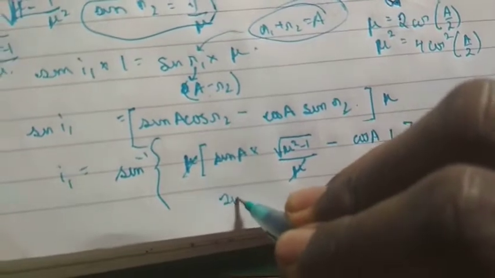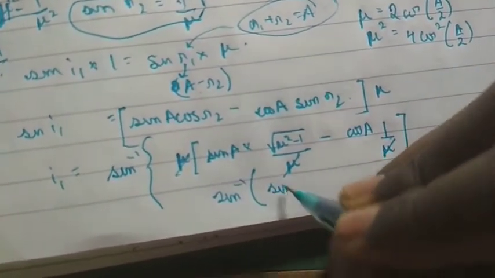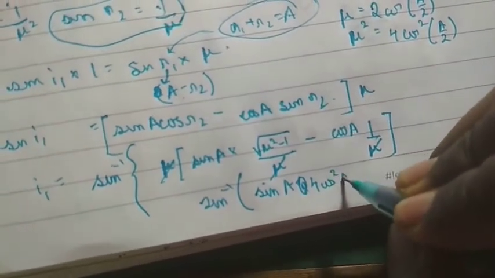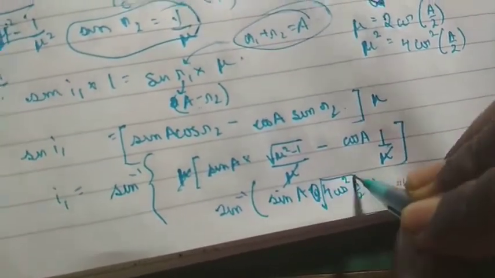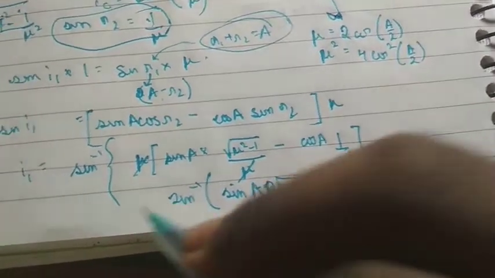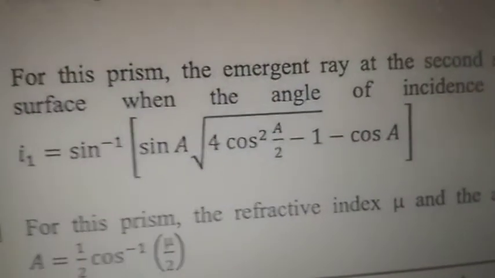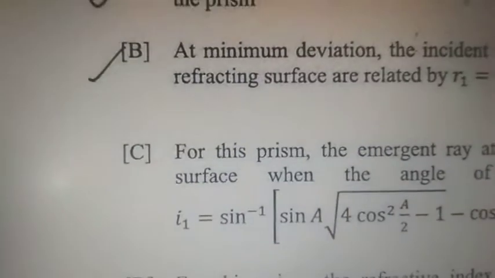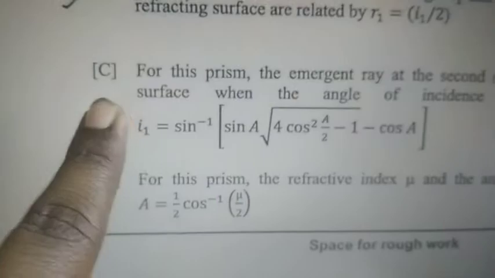Okay, now let's put it over here. Sine inverse of sine A times root under 4 cos square A by 2 minus 1, minus cos A. This is I1, and if you check, I1 is exactly this. So option C is also correct, but the person who took this exam didn't mark option C correct.